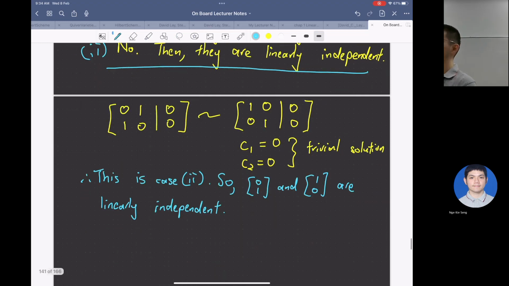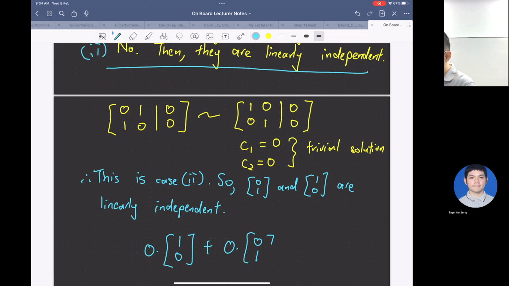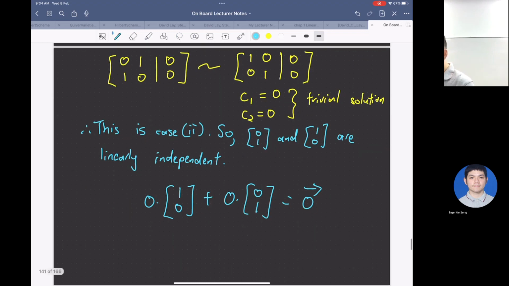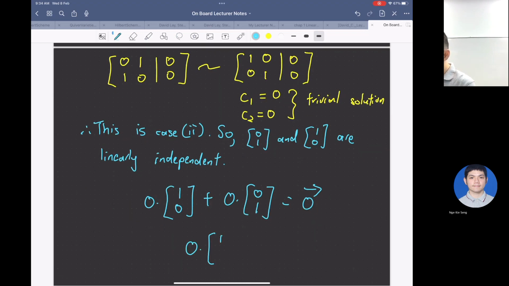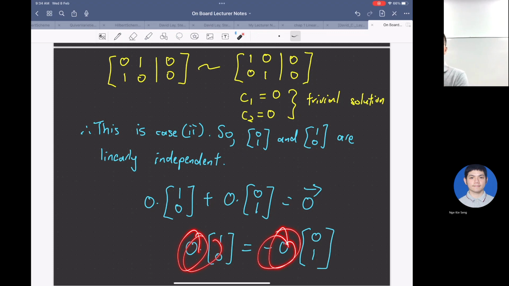Let's look at what this solution means. This means that 0 times 1, 0 plus 0 times 0, 1 is equal to 0. So what does this mean? Maybe we do something crazy. So we move the 0 and put a minus here. So this means that there's no relation between them. The only relation you can put between them is 0.